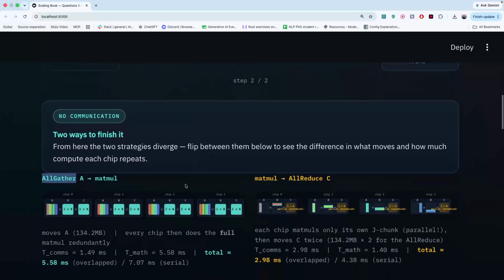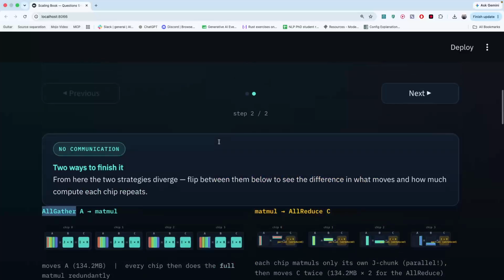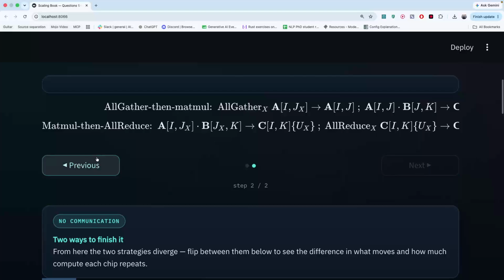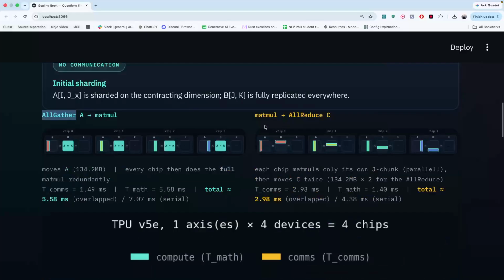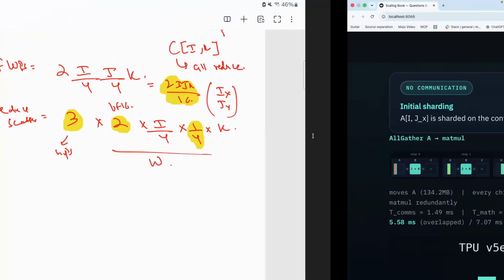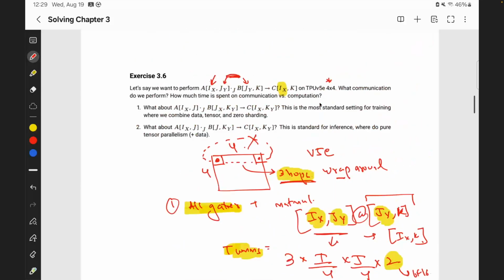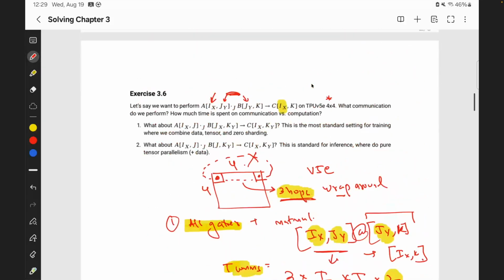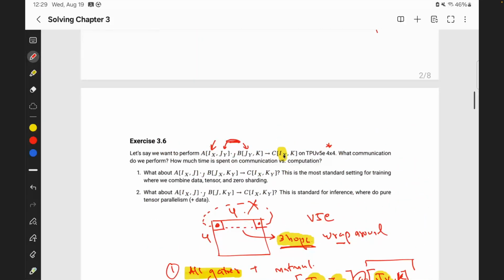But if you do this method where you first do a matmul, you can see here it is an outer product. After you do this matmul, here I have done all reduce, but you don't need all reduce because our matrix is already sharded here. We want a sharded matrix.